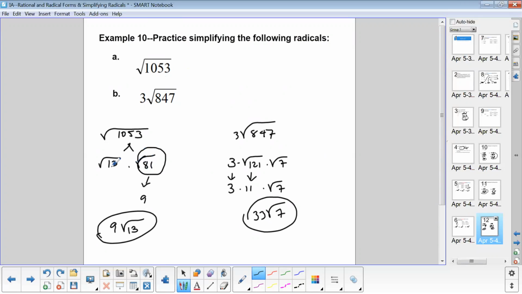If the other factor is prime, that's fantastic. It may not always be that way, but the square root of 121 was the perfect square here, and the radicand 7 was prime, so we didn't have to simplify it anymore. And don't forget this factor out here. You had a factor of 3, and so that had to continue to be multiplied all the way through.